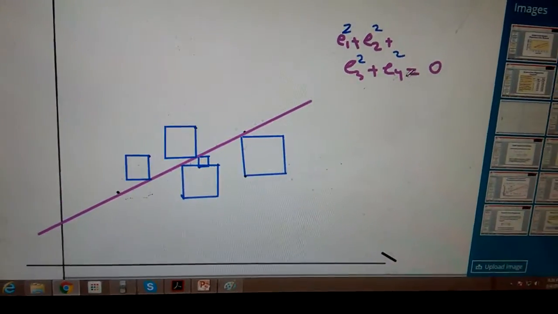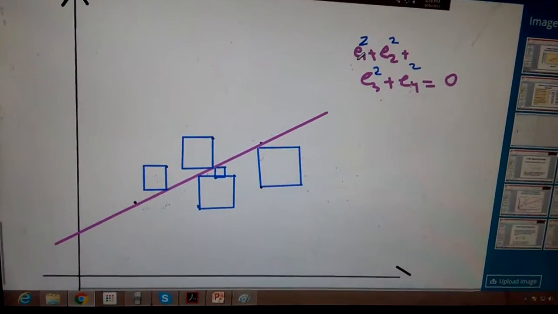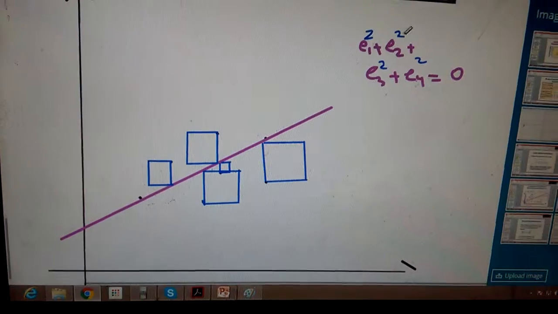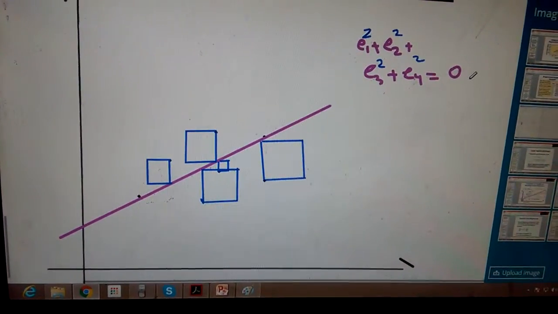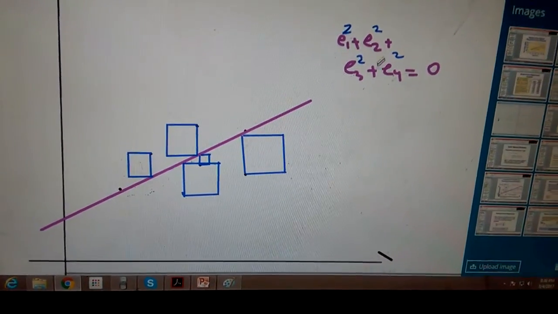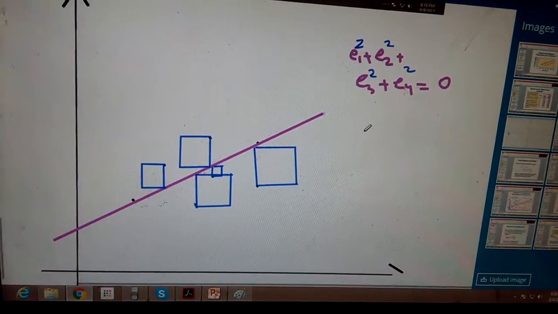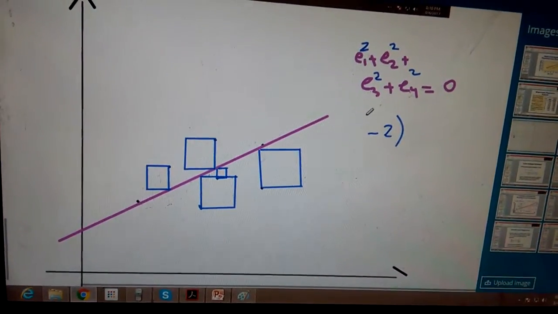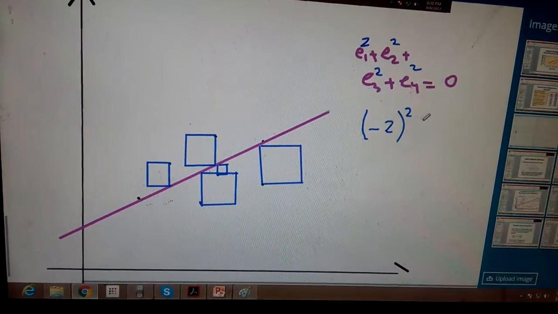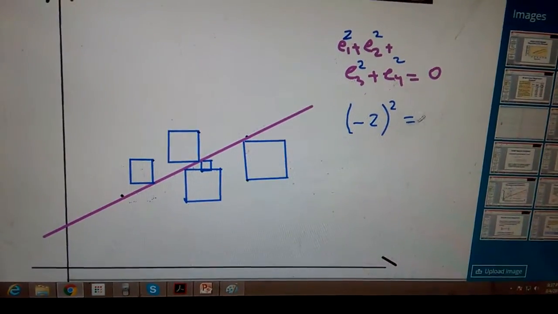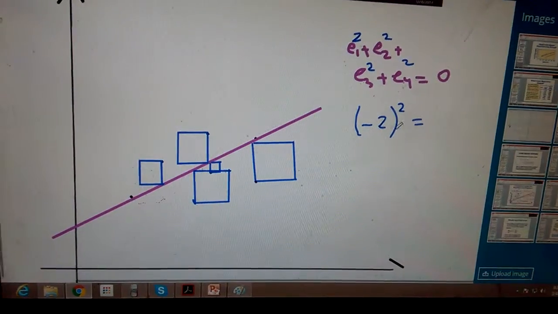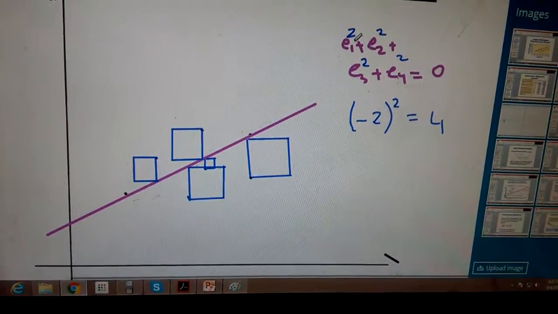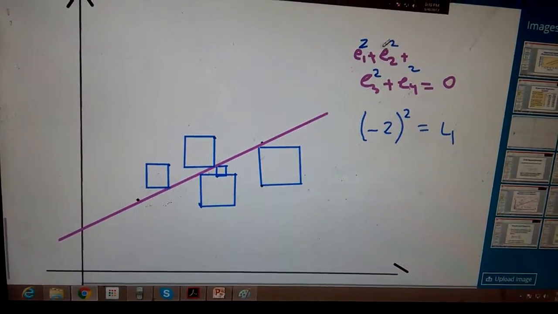You can understand that the smaller the value of your error, the smaller the square, so their addition is going to give you a 0 answer. You know well that if you have a negative value and you take the square, every time you get a positive answer. The square of a negative base always gives you a positive answer. So basically you have positive values here.